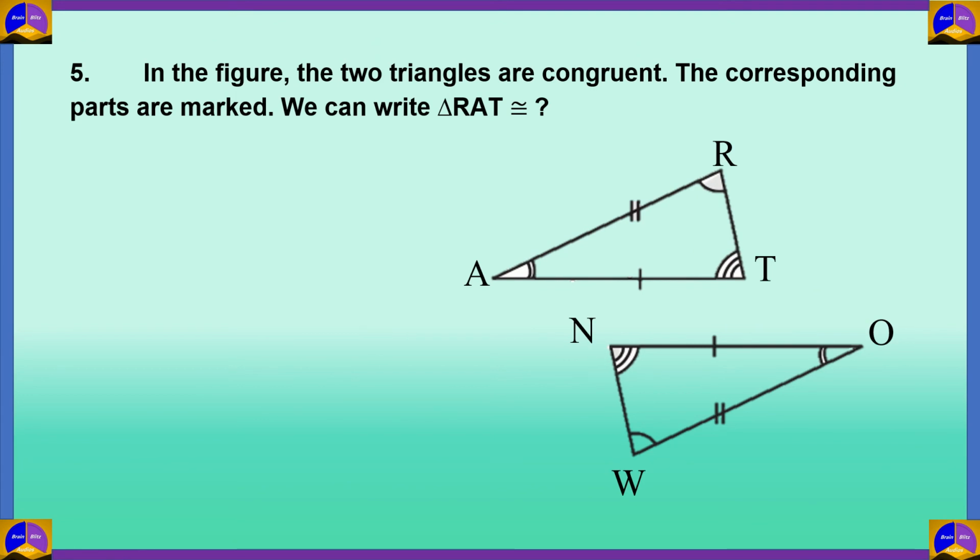Now, if we look at AT, we can see there's one line marked on it, and in line NO we can also see there's one line marked on it. So that means that AT is equal to NO, and the reason is it's given.